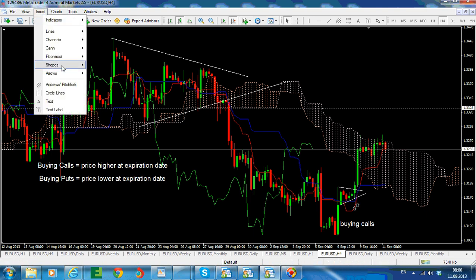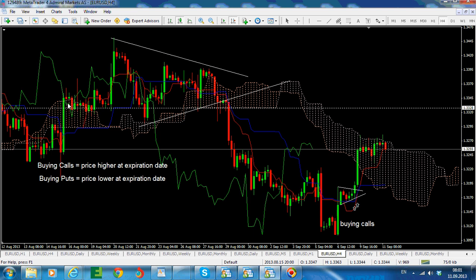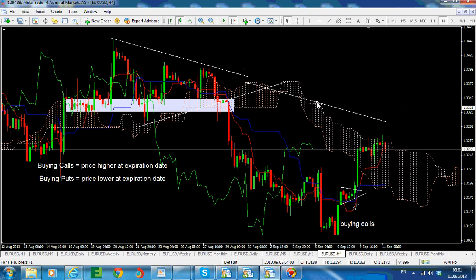So involving in one-touch options with expiry dates big enough in order for this trend line to touch the 50% line. That would be your expiry date. Buying one-touch options from here to here based on this reversal contracting triangle would be appropriate.